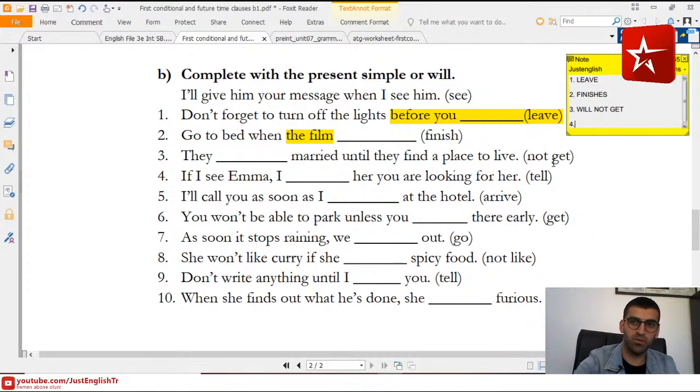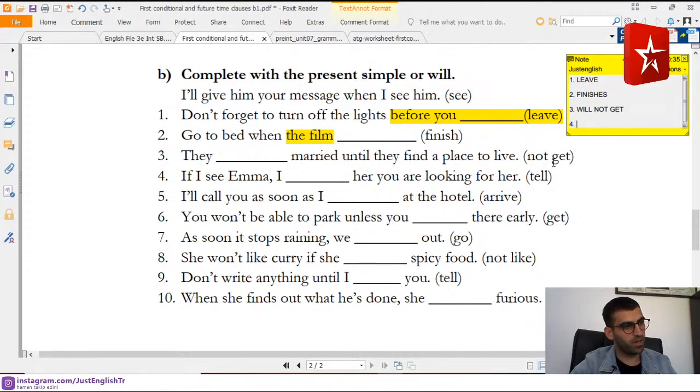And number 4. If I see Emma, I blah blah blah her, you are looking for her. Okay, Gülsafa and Tuko have already written their answers for number 4. Will tell.